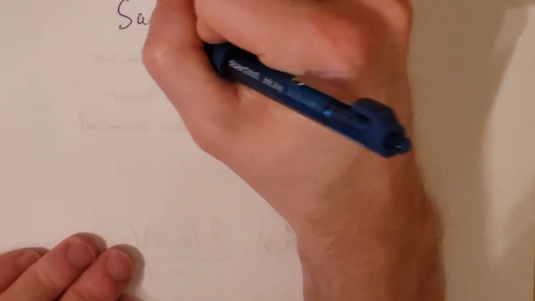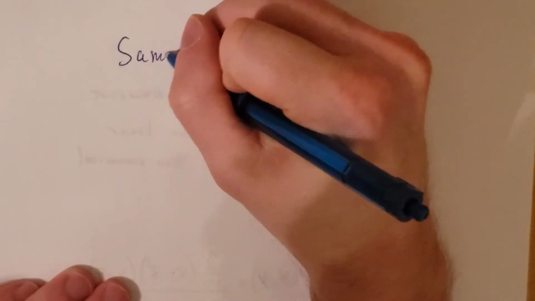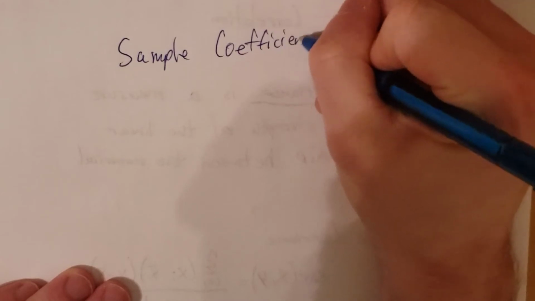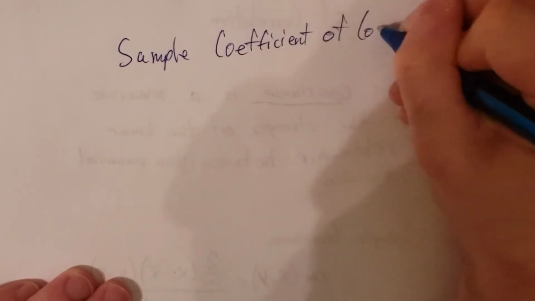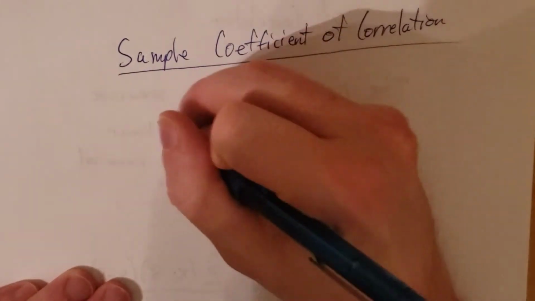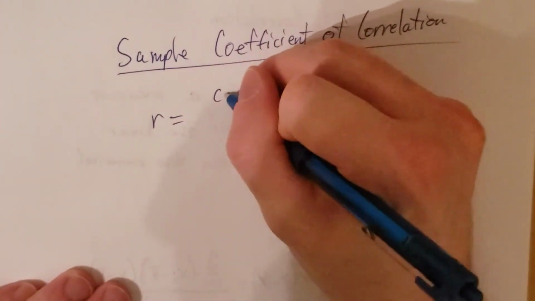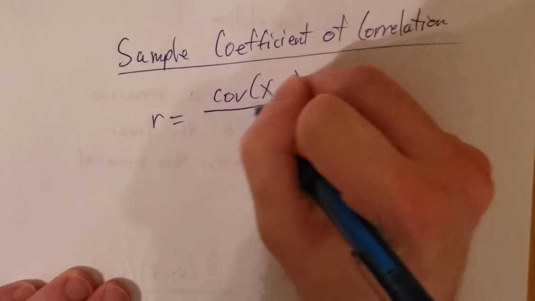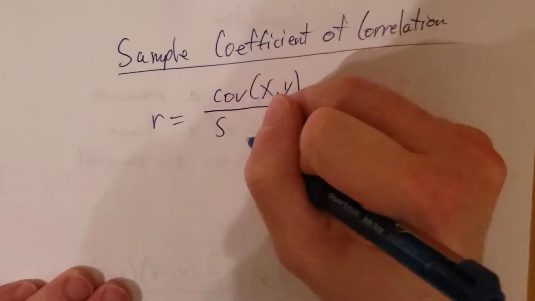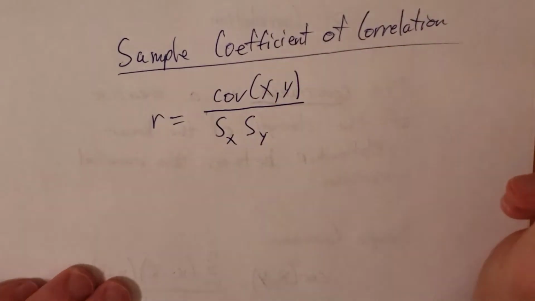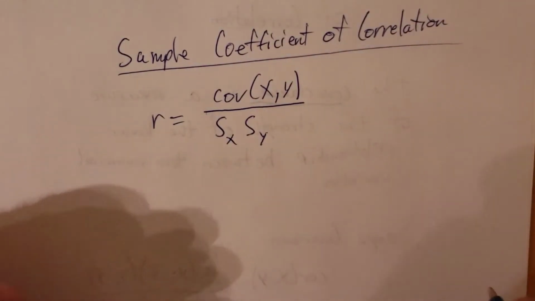So our sample coefficient of correlation r is equal to COV of x,y, so our covariance, divided by the standard deviation of the variable x times the standard deviation of the variable y.